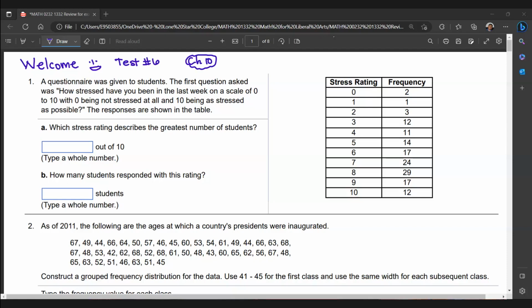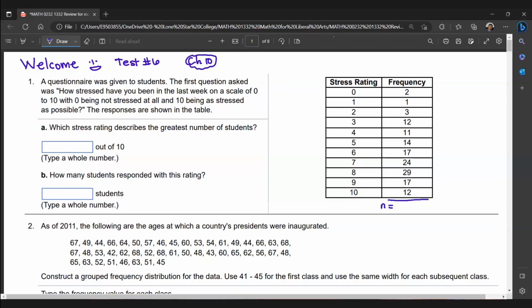If we add the frequencies, this will be equal to the total number of students that participated in the survey. I think this will be question B, so we'll leave that alone for now.